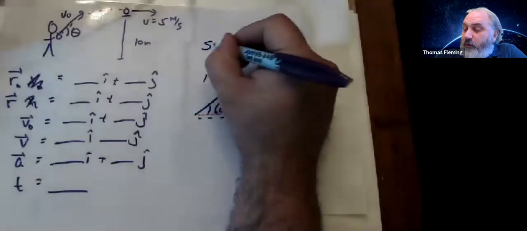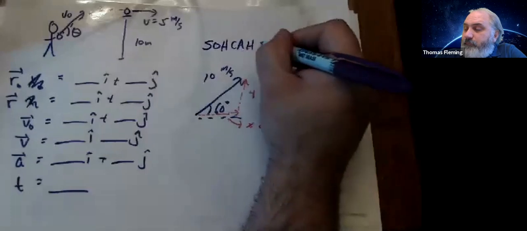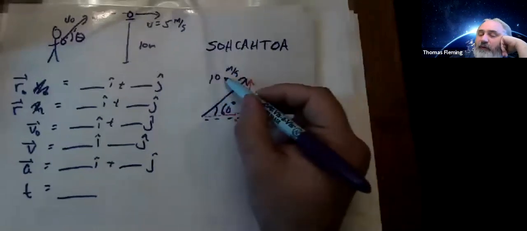Sines and cosines. I remember from pre-algebra that if I have a right triangle, the sine, cosine, and tangent are the ratios of sides of that triangle. And in this case, I know that the purple side has a length of 10 meters per second.